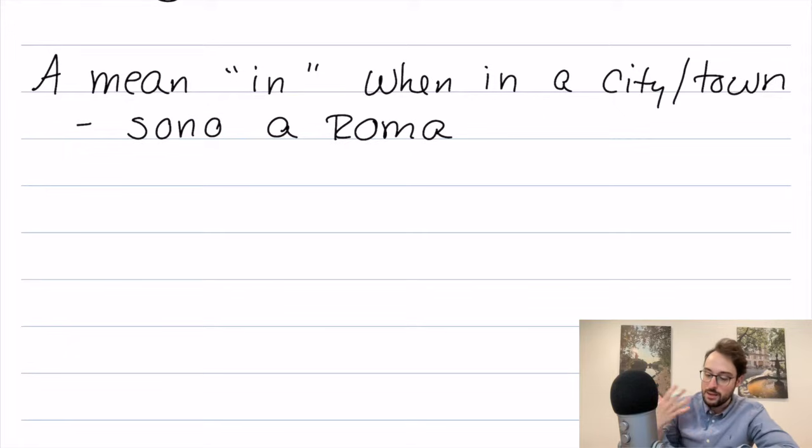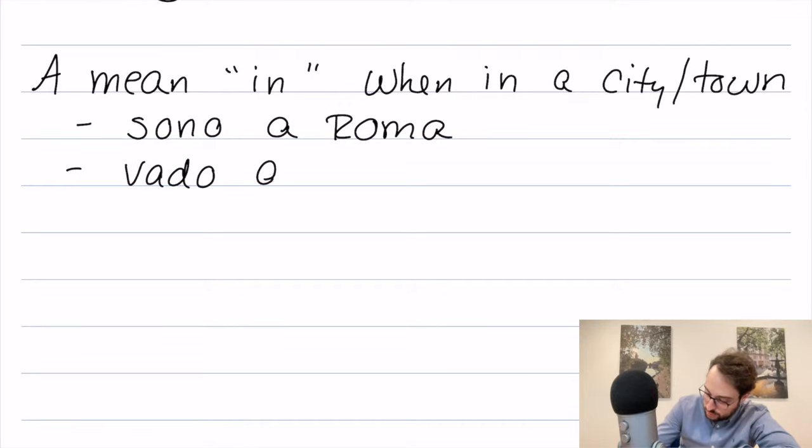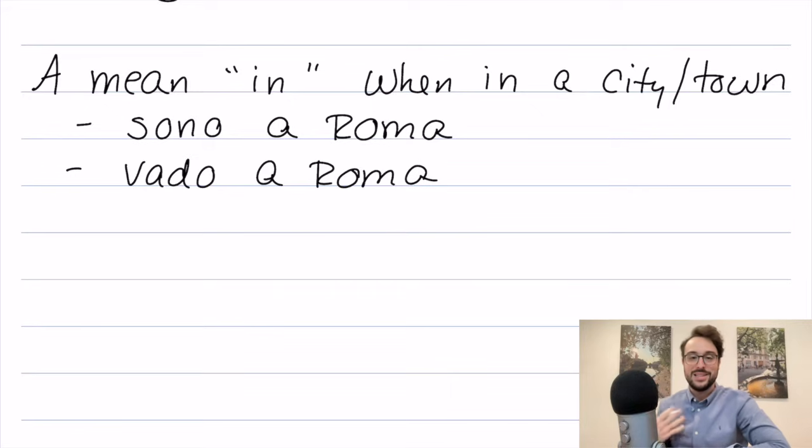That's how you say I am in Rome in Italian. If I'm going to Rome, vado a Roma. So in Italian, it's the same, but the meaning is different. One is you are in the city, one is you're going to it. It's just the way it works. You just have to memorize it.